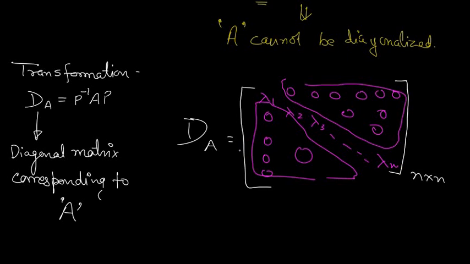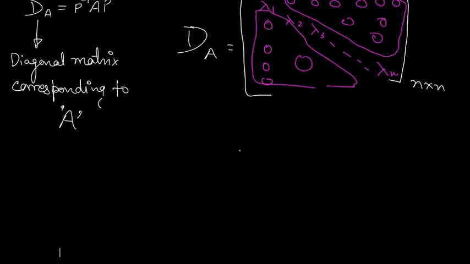Let's move further. Let's ask one more question. Can you comment on the diagonalization of a matrix by seeing its eigenvalues? Because you can get eigenvectors from the eigenvalues. So let me make one more comment on this.